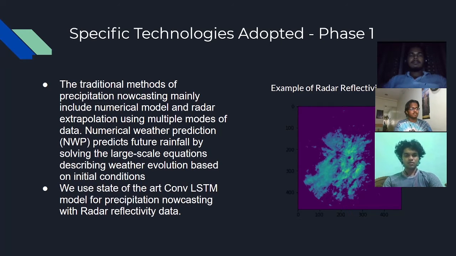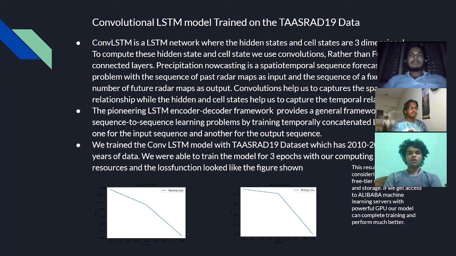To talk about convolutional LSTM models, ConvLSTM is really an LSTM network where the hidden states and cell states are three-dimensional instead of two-dimensional, and are computed using convolutions rather than the fully connected layers that you use in traditional LSTMs.